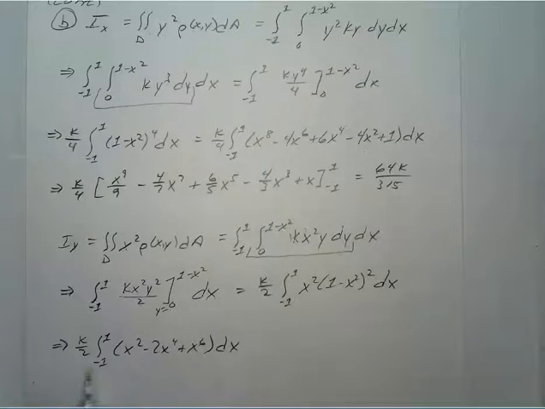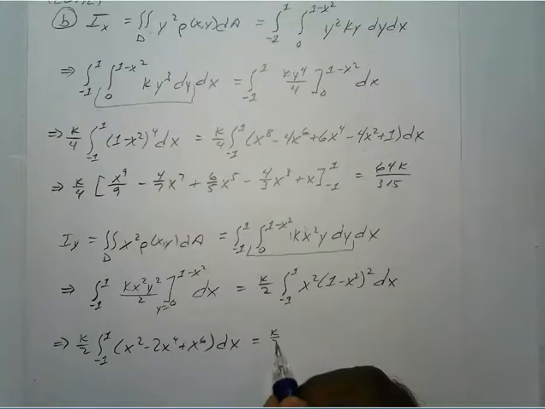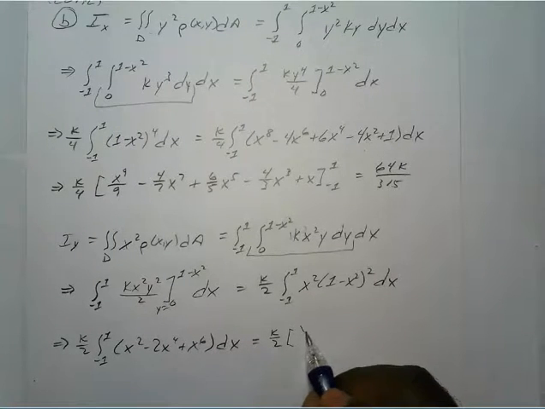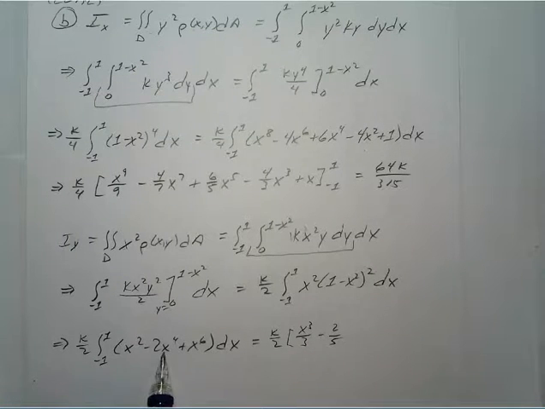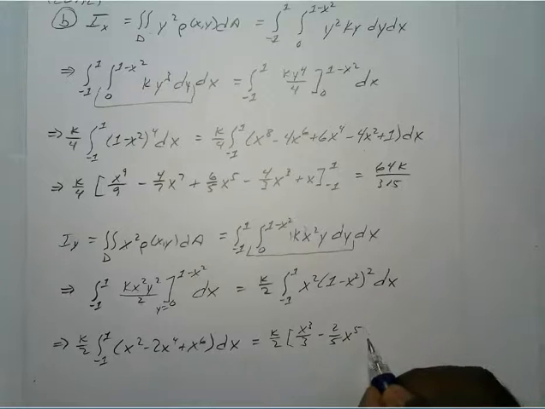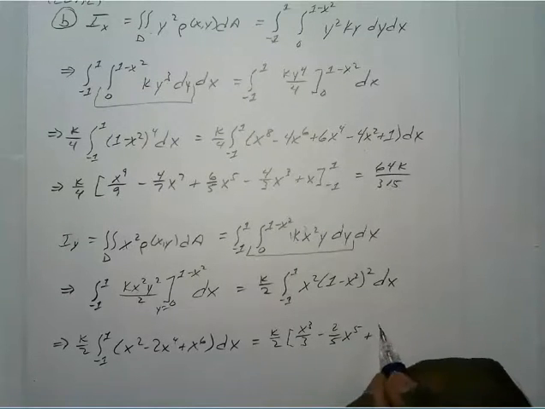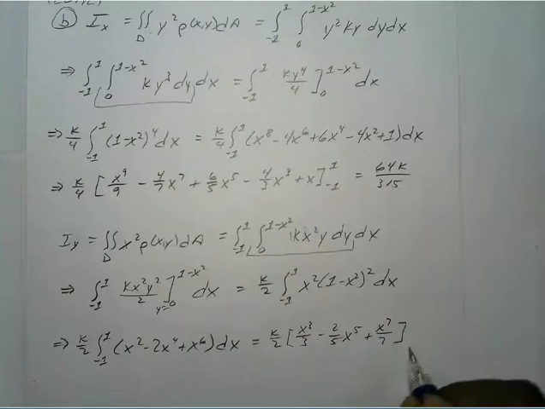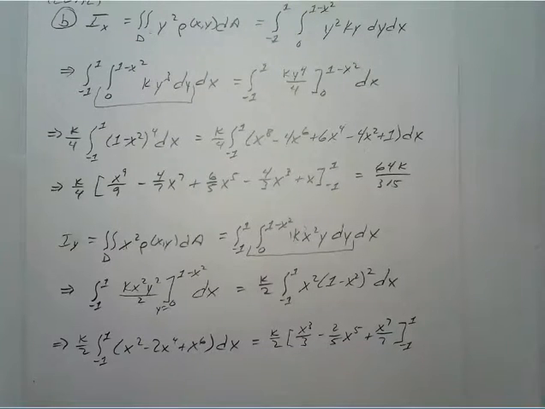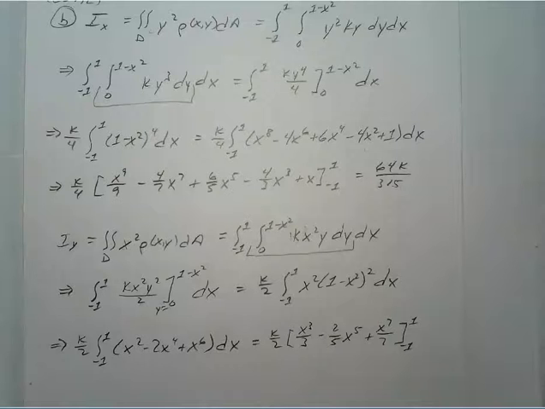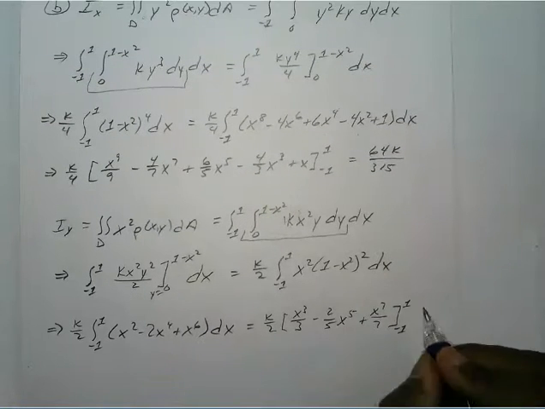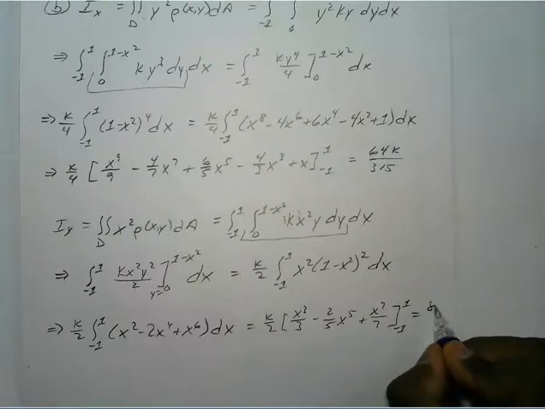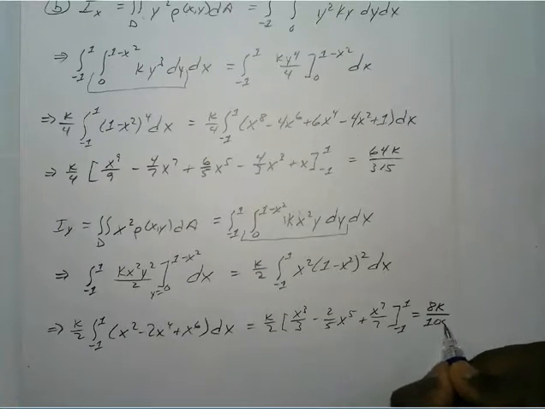All right, so if we go ahead and integrate these, we will end up with k over 2 times x to the 3rd over 3 minus 2/5 x to the 5th plus x to the 7th over 7. And that's from -1 to 1. Okay, so plugging in all of our values and combining like terms, you will end up with 8k over 105.